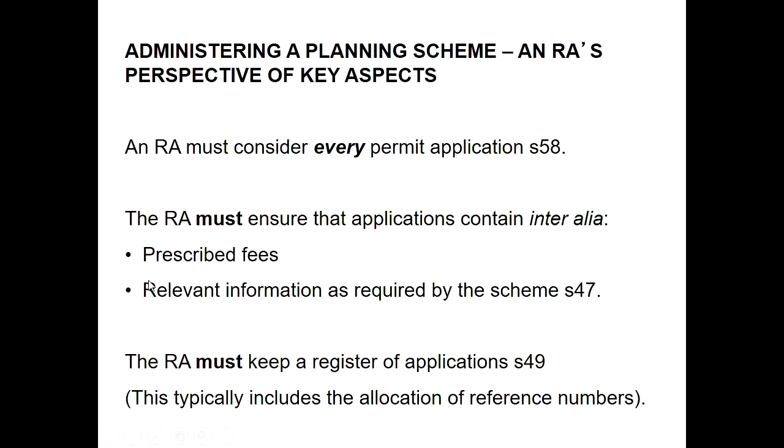The fee and other information required by the scheme that typically requires maps and plans as appropriate to what's being proposed, and then all of the information that is required to be met by the decision criteria. So if it's about amenity, information about amenity. If it's about overshadowing, drawings showing the overshadowing. If it's about car parking, how you calculated the car parking, and so forth.